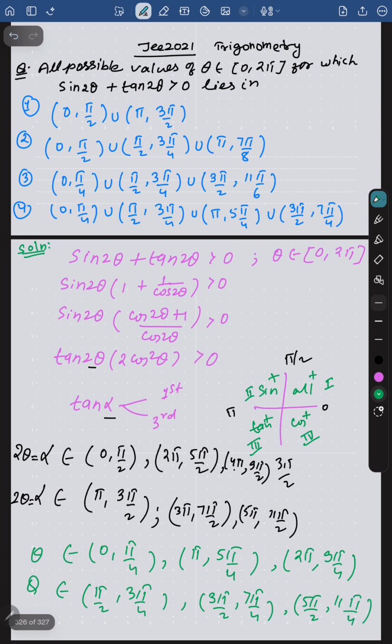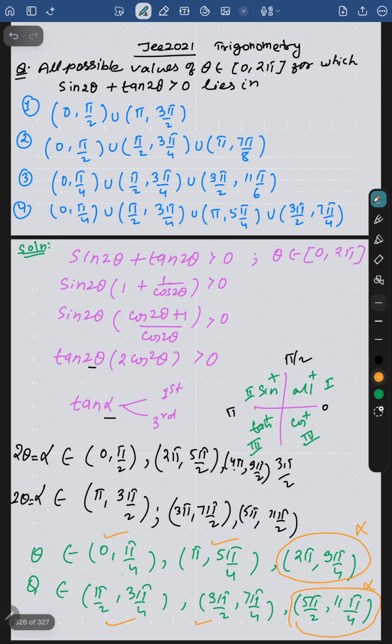Okay, but we don't want this one. We don't want 2 pi to 9 pi by 4 because our consideration stops after 2 pi, so we will not go beyond that. Here also 5 pi by 2 is beyond 2 pi, so we will not consider this interval. So we will consider only these intervals for theta.